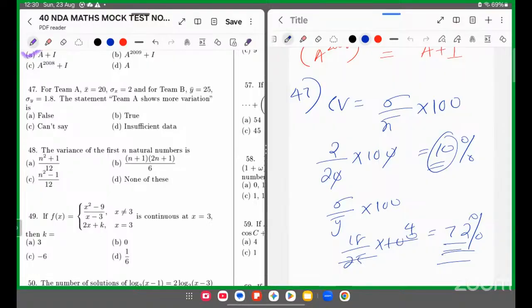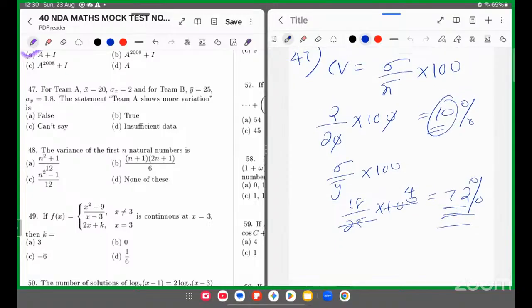Here we have made a mistake. This is 100 by 4, and it is actually 1.8, so we have to put 1.8. So 7.2. So the coefficient of variation is more for team A because 10 percent is greater than 7.2 percent. So I can say that team A shows more variation is a true statement. Answer is B.